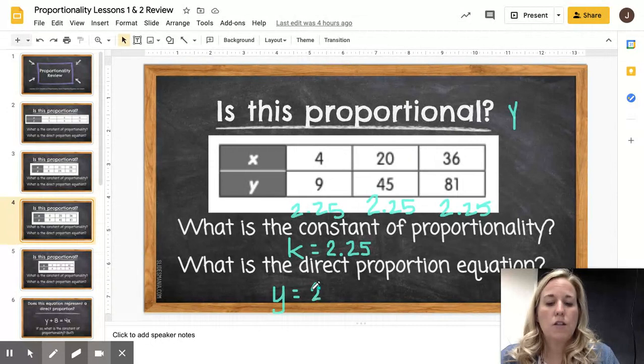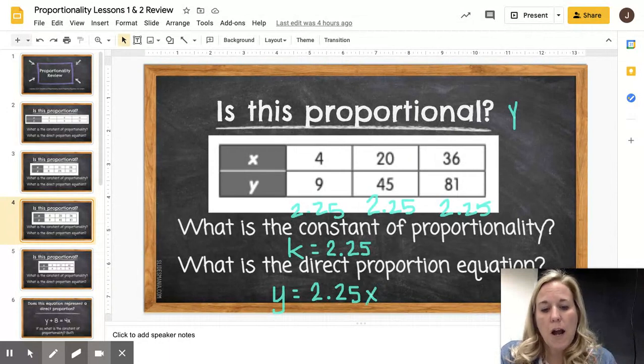But I know k is 2.25. So I'm going to fill that in for the k and put an x behind it. So no matter what I put in for x, I could put in 10. I would say 10 times 2.25 would give me my y. Or I could say x is 100. I would plug that in and it would give me my y. That's what the equation is telling you.